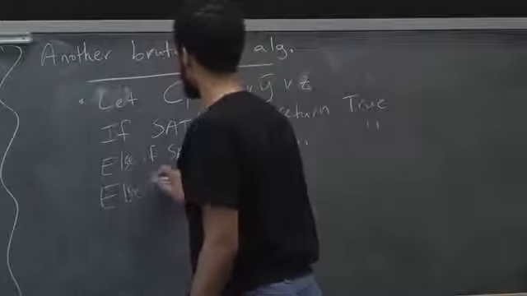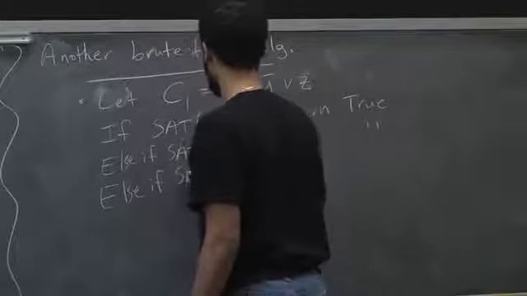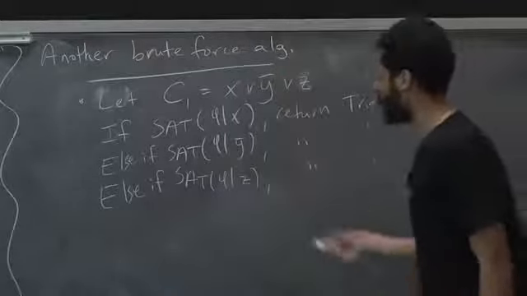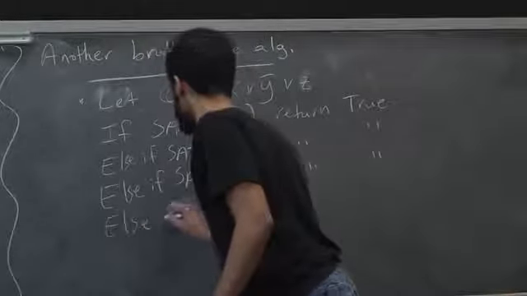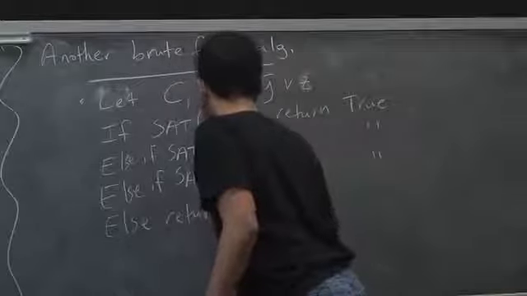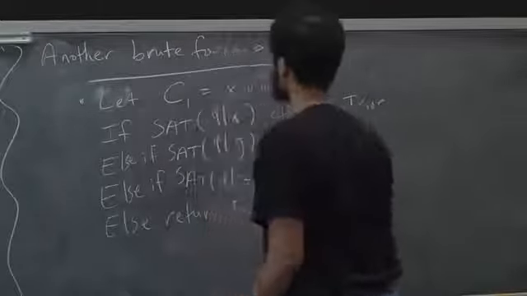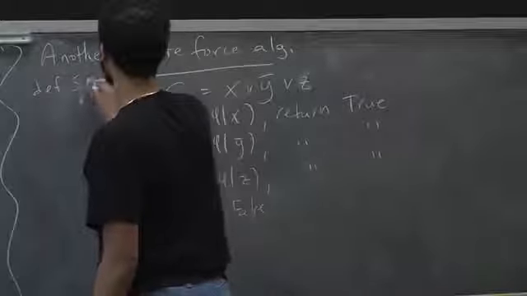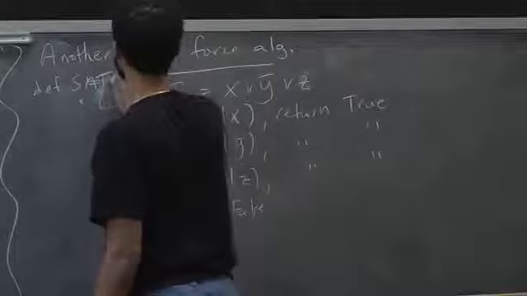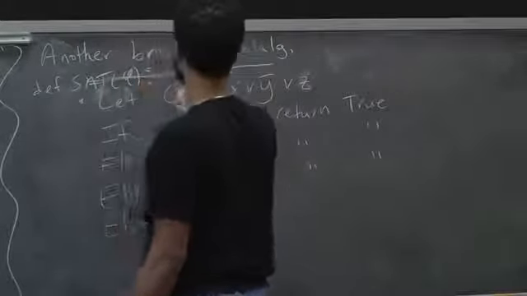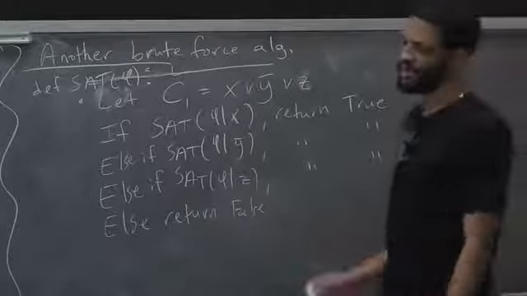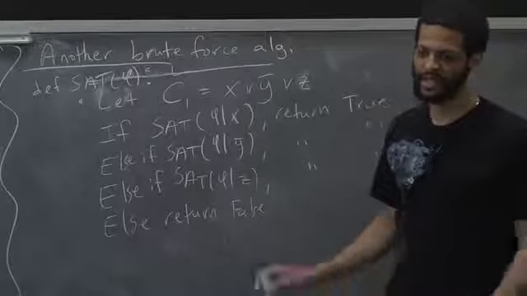Else, if satisfiable phi z, return true. Else, return false. So this algorithm here is my SAT algorithm. Okay, so it's a recursive algorithm. And there's some base case I didn't bother writing, right? So once the formula is empty, you just say true.